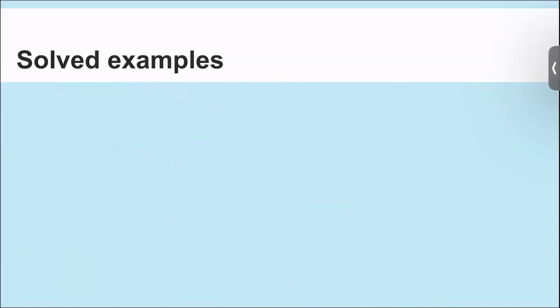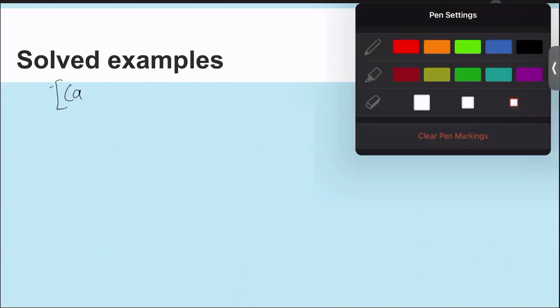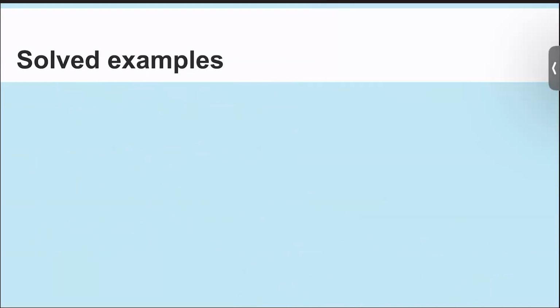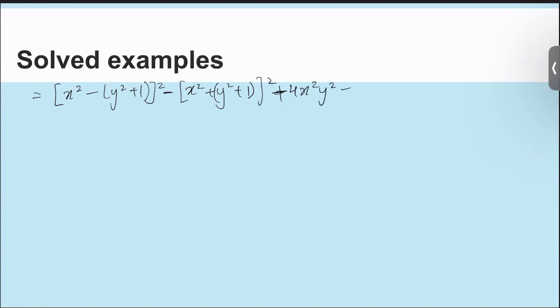Okay, so if you keep it like that, you try to get these two on the same side. In continuation you get x squared plus y squared plus 1 the whole square minus x squared minus y squared plus 1 the whole square is equal to 4x squared y squared, which is equal to 0.